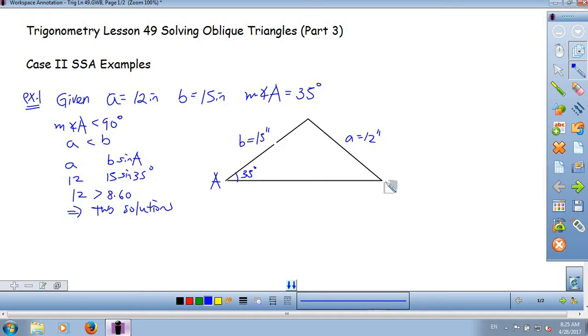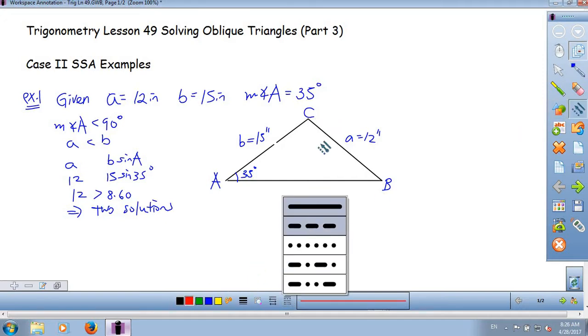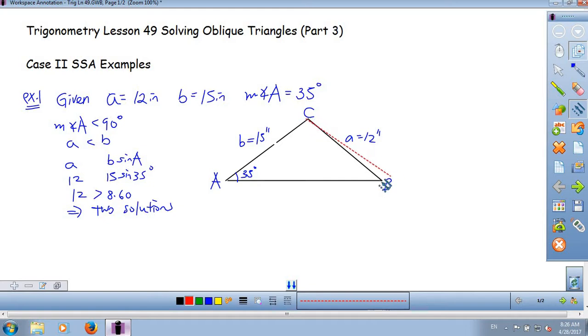So this is definitely a possible solution, with angle A, angle B, angle C. The other possible solution, which I'm going to draw with a dashed line, is for side A not to be on this side but on this side. That's another possible solution.